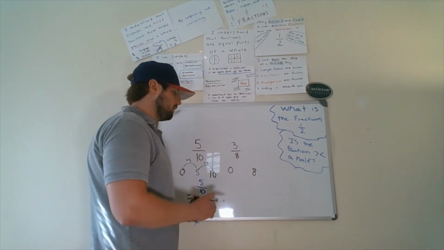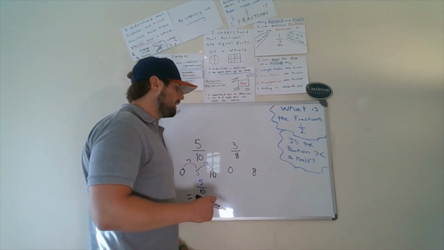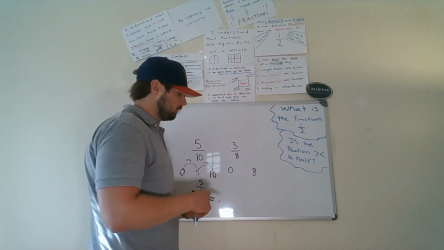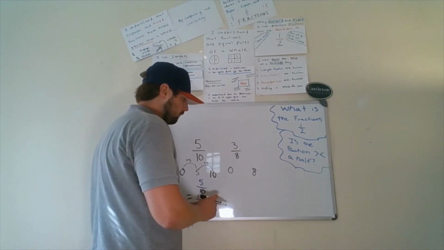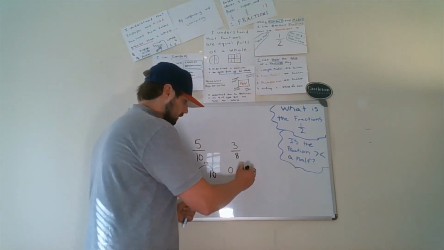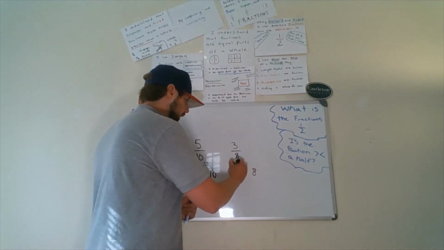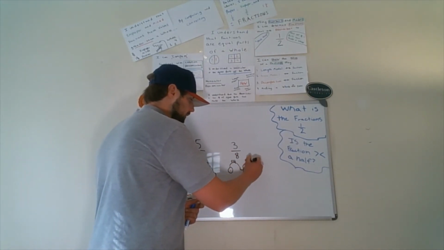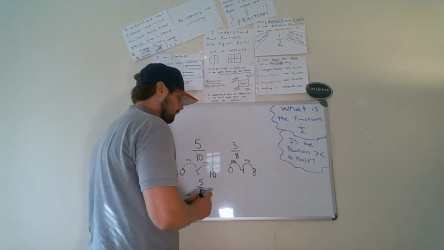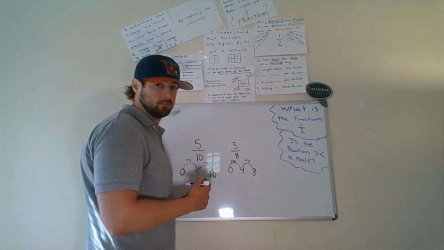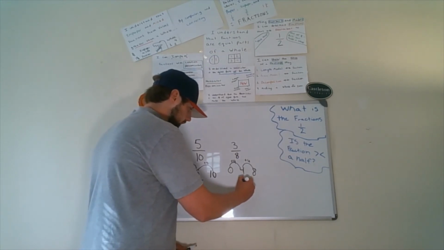Thinking about values, starting with nothing. What is halfway between 0 and 8? What is the middle? It is indeed 4. There are 4 parts between 0 and 4, and 4 parts between 4 and 8. Therefore, what would the half be? 4/8.